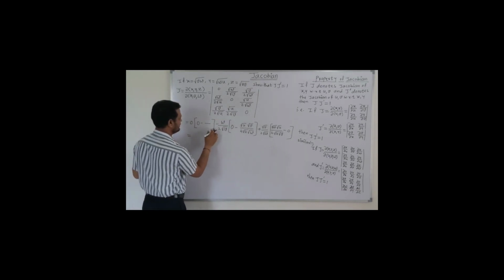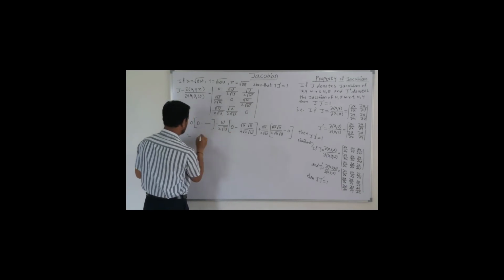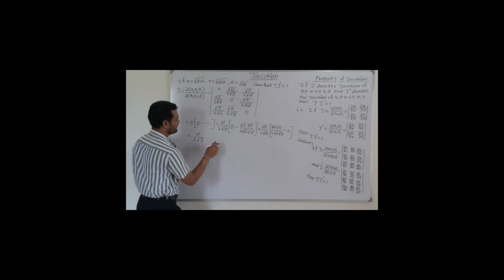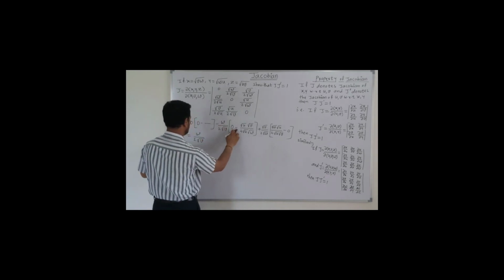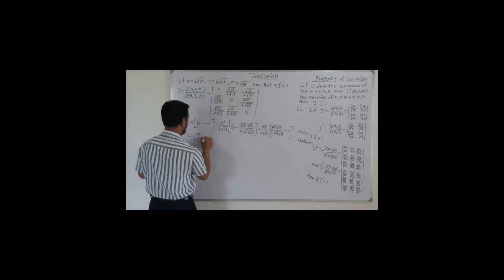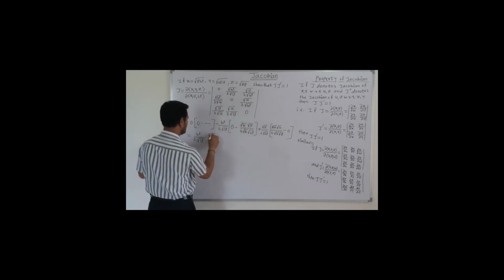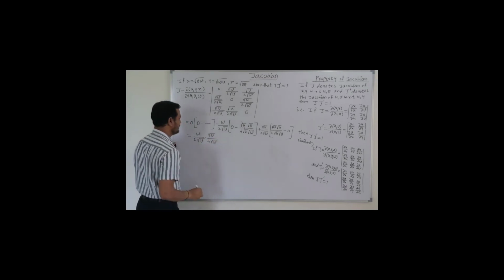So we can write this answer as 0. Then minus minus become plus, this is w upon 2 root of v. This is minus minus plus w. Then again, this u will get cancelled, so this is v upon 4 root of w.